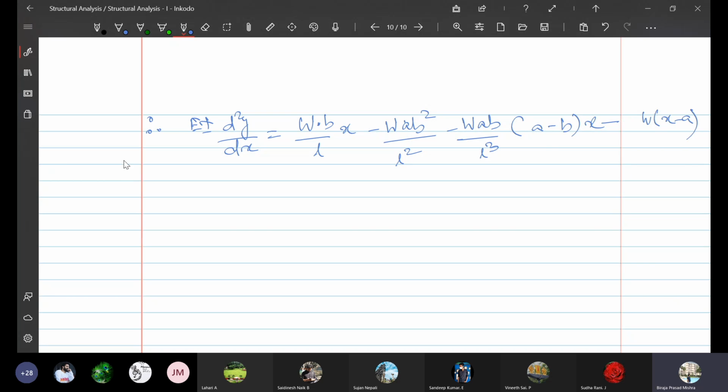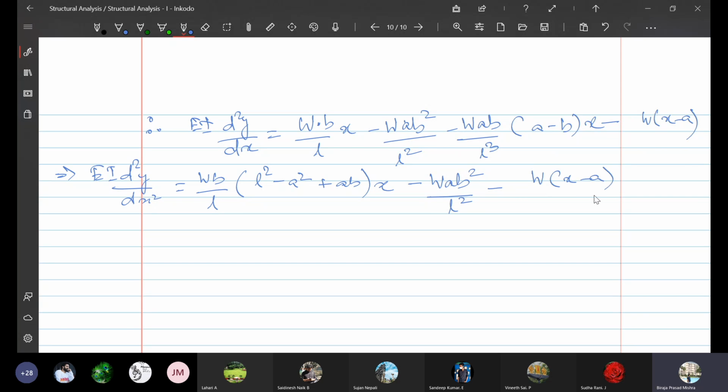This implies EI into d square y by dx square will be equal to, now let me take WB by L as common, so I can have (L square minus A square plus AB) into X minus WAB square by L square minus W into (X minus A).